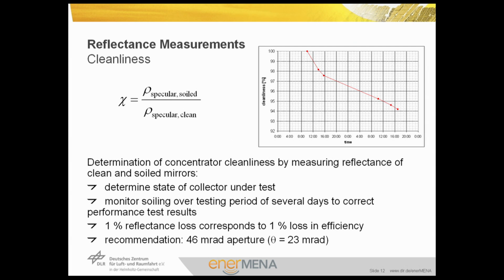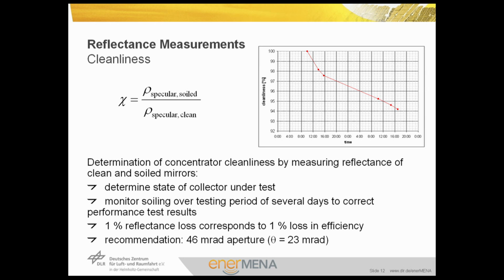But talking about dirty mirrors, it is important to monitor the cleanliness of the mirrors, to know the particular efficiency of each day, and also evaluate the soiling rate over time to know when it is advisable to clean the mirrors. The cleanliness factor, G, is basically the ratio between the reflectance of a soiled mirror to a clean mirror as a reference.